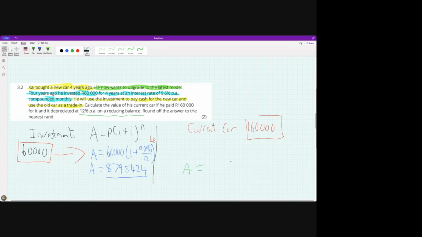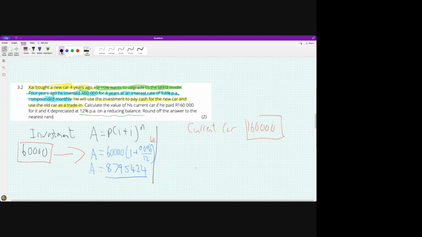And I want you to think about how the formula will be slightly different. Who has some answers for me?